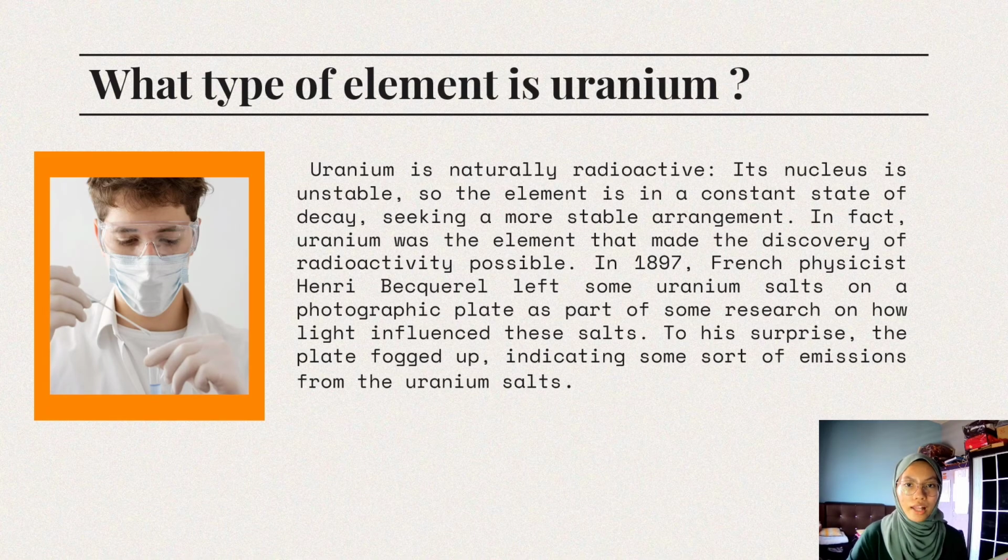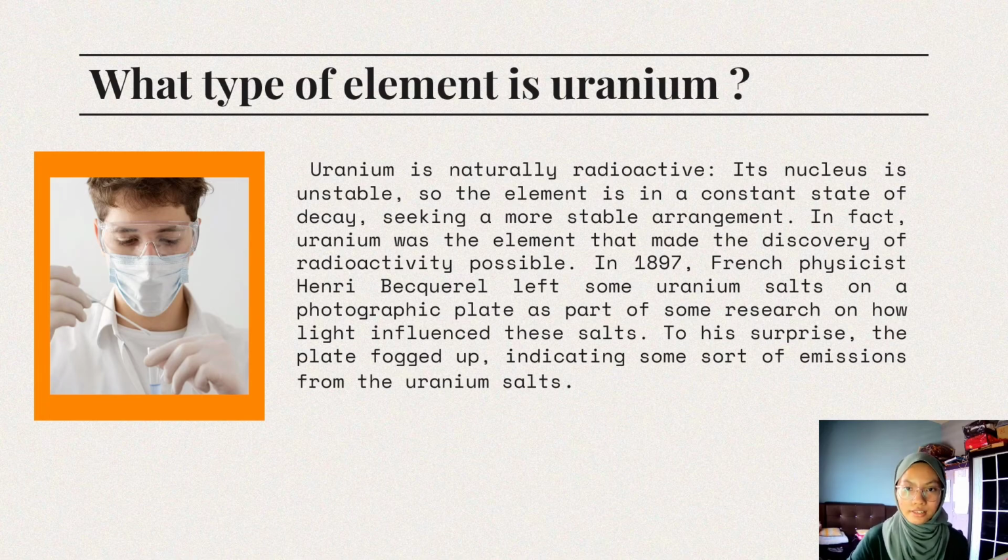What type of element is uranium? Uranium is naturally radioactive. Its nucleus is unstable, so the element is in a constant state of decay, seeking a more stable arrangement. In fact, uranium was the element that made the discovery of radioactivity possible.